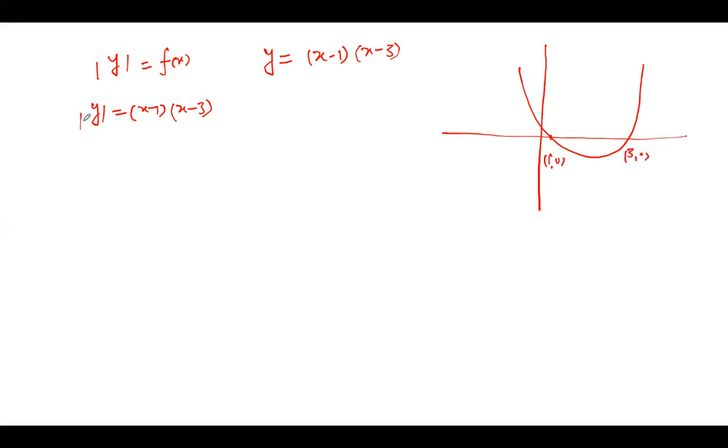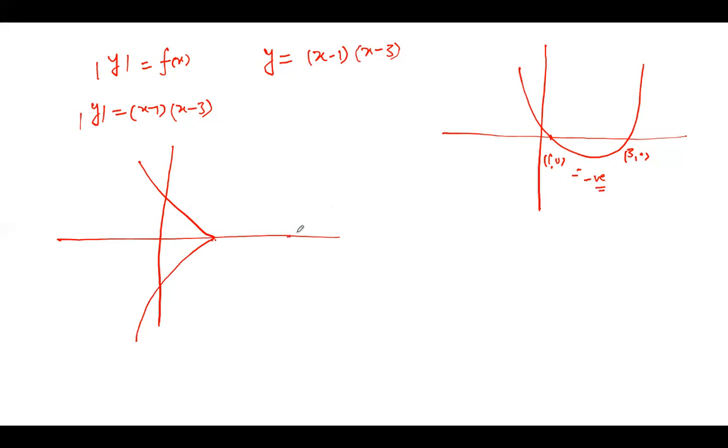We have to draw the graph of |y|. In this case, just see, this is for y greater than 0. When y greater than 0 is given, you have to draw the graph in positive and negative both. If y is less than 0, when y is negative, just remove the graph.